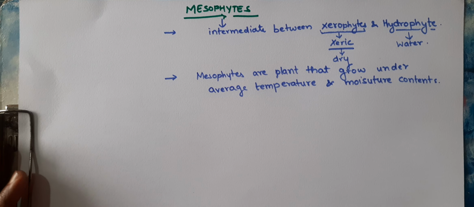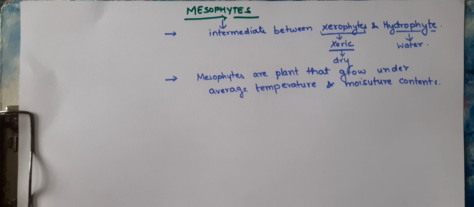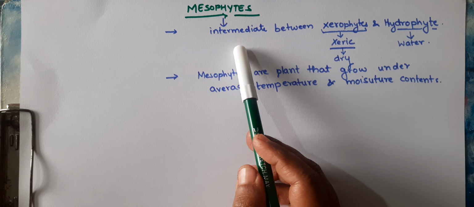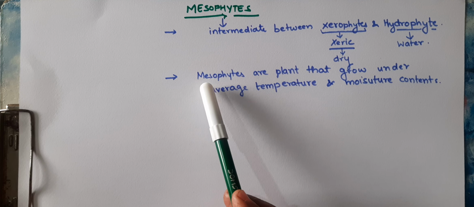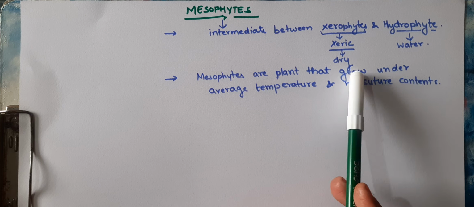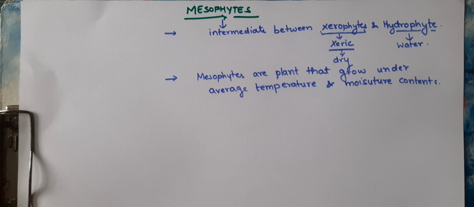I will repeat the definition of the mesophyte once again: these are the intermediate plants that grow between xerophytic and hydrophytic conditions. It means that mesophytes are the plants that grow under average temperature and moisture contents.